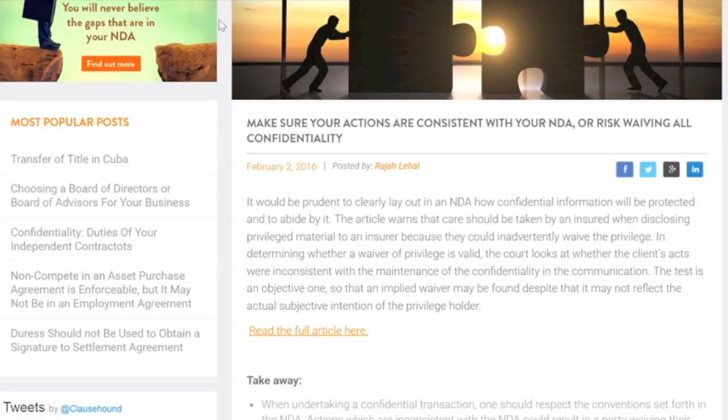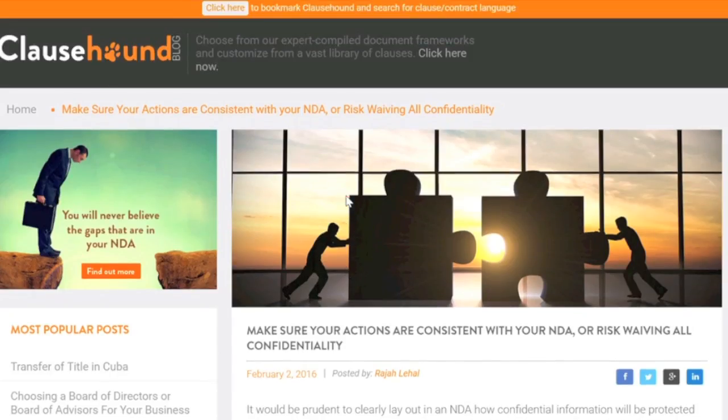So I've analyzed an article on this point just to provide a little bit more context within the Clauseham blog, and the article really tries to highlight the point that conduct of the owner of that confidential information may be taken into account when considering whether that information is truly confidential or whether it's possibly already in the public domain.